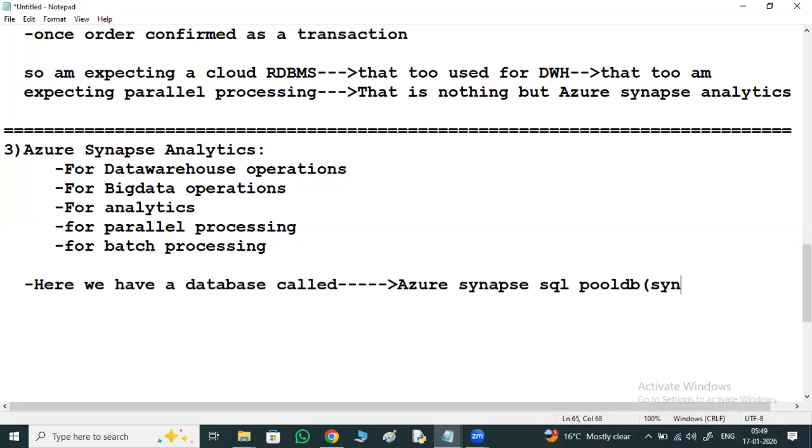Simply we call it Synapse DB. What is Synapse DB? Cloud Data Warehouse of Azure.